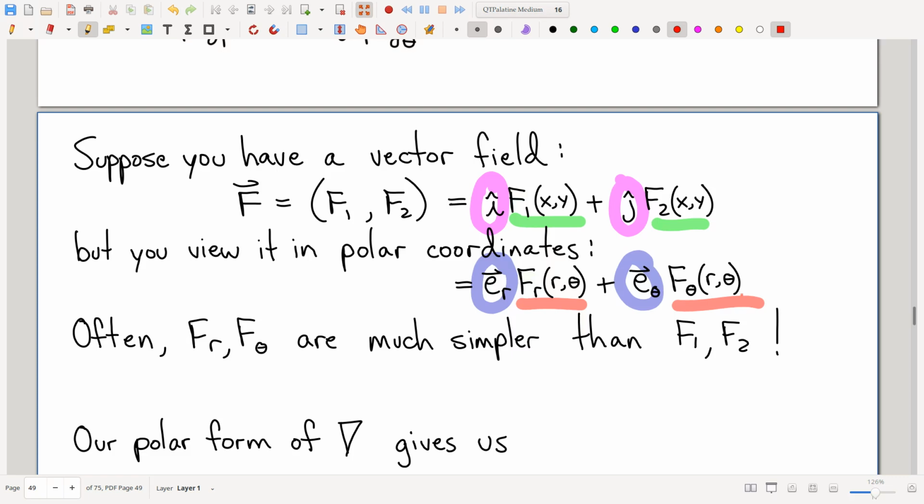There's some work to be done there. But in practice, the vector field doesn't come to you in rectangular coordinates at all. The vector field very often naturally is most easy to write down in the first place in polar coordinates. And so this will just kind of come to you right off the bat.